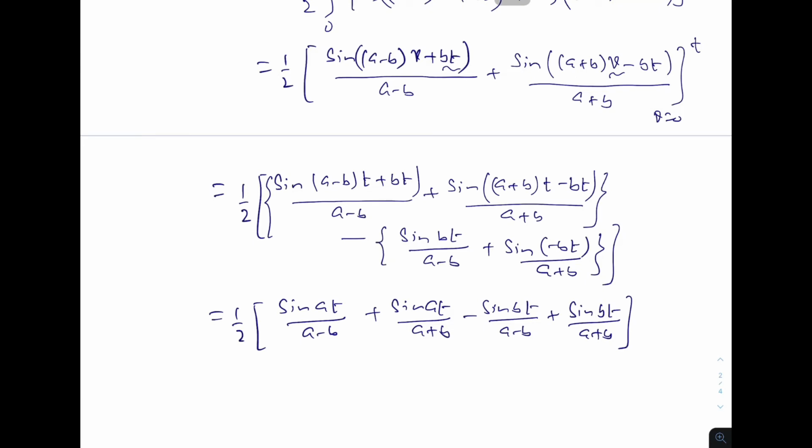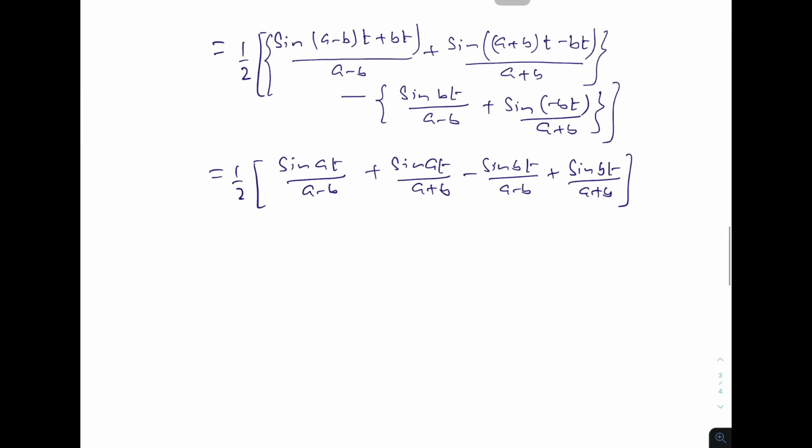Okay, so this is the answer, and we can simplify a little. It is 1 by 2. We can take like this: sine of at, these two combined, so here we have a square minus b square, and a plus b plus a minus b, b cancels, so you will have 2a sine of at.